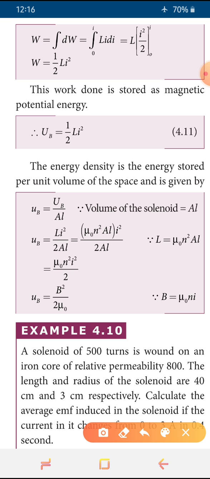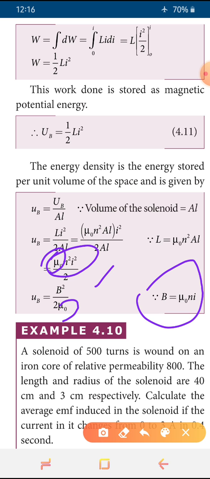Now we are writing the equation. We know B, from the last derivation we studied, B is equal to mu naught n I. So in this mu naught n I is taken as B. And here from the equation we are writing B square divided by 2 mu naught. Since there is one mu naught here, we are multiplying by mu naught and dividing by mu naught.